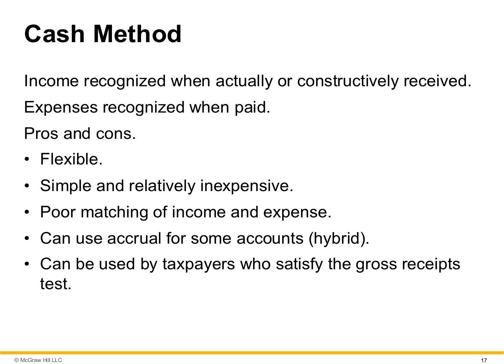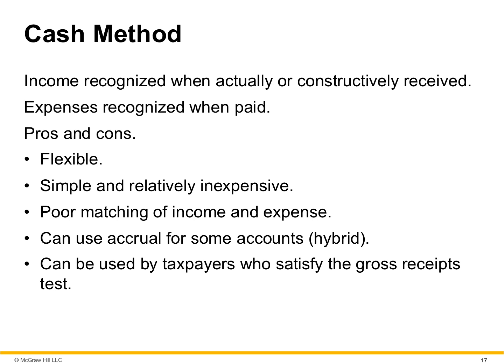When I think about the cash method, I literally picture a dollar bill and think, okay, when am I actually receiving this dollar bill? When am I actually giving this dollar bill away to pay for something? That helps me think about the timing of events for the cash method of accounting for tax purposes.